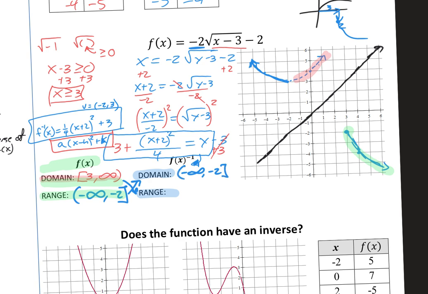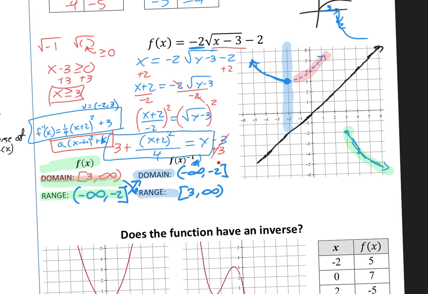And the range must be from 3 to infinity. Because the domain can only go to -2, right here is -2, I know that it cannot go past right here. It could be included here, it could be equal to -2, but it cannot go past. So this is important. That's how I know this part over here is not actually part of my inverse function.